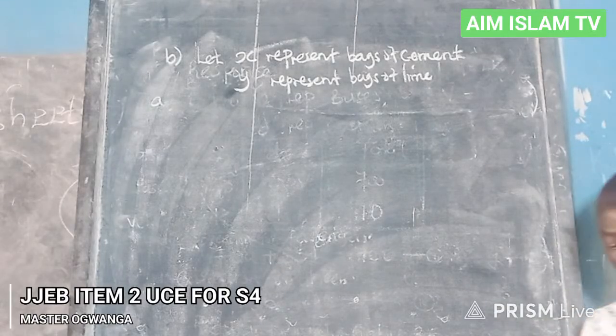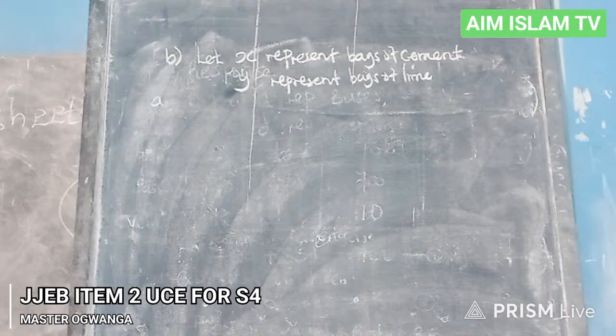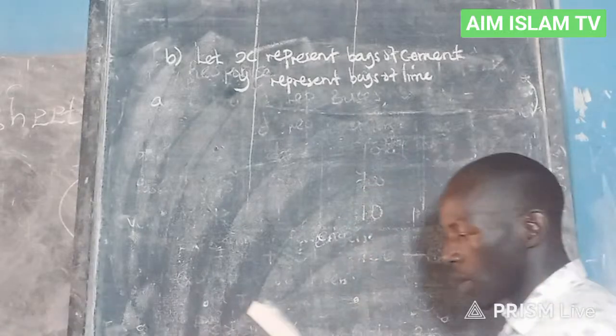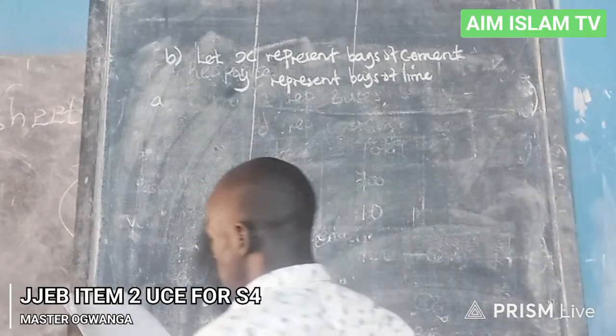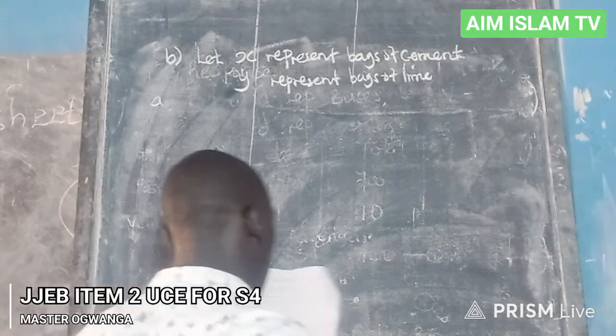So now I'm going to generate my constraints. I'm going to start with the first part, the constraint for the bags of cement and the bags of lime.